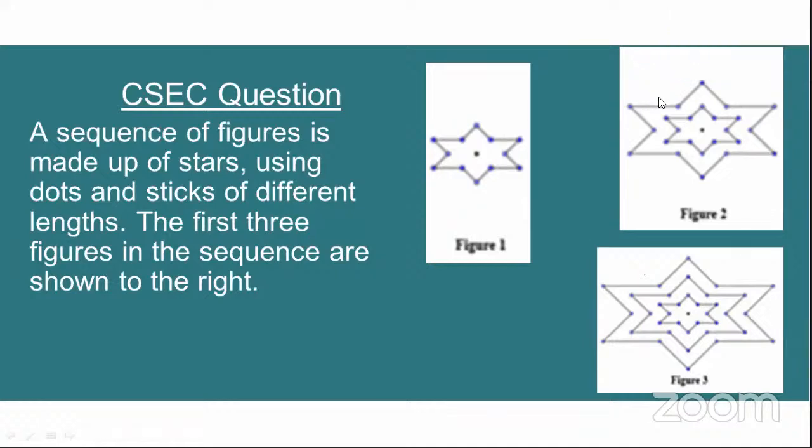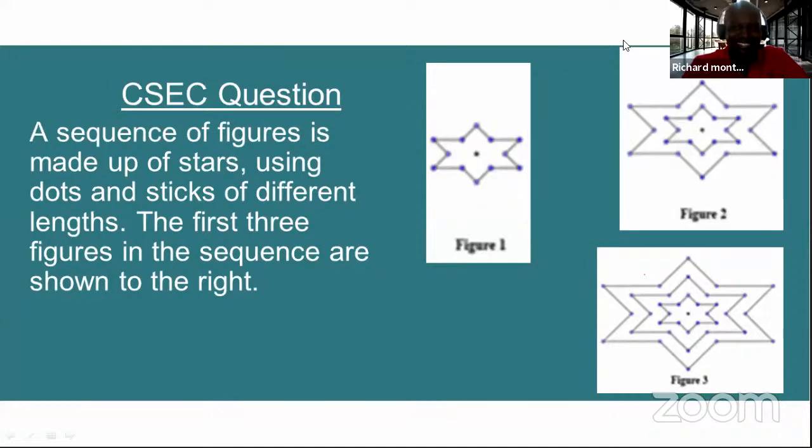Sarah is saying figure 2, 24 sticks, 25 dots. Franklin is saying figure 4 is 48 dots. Interesting, Franklin.